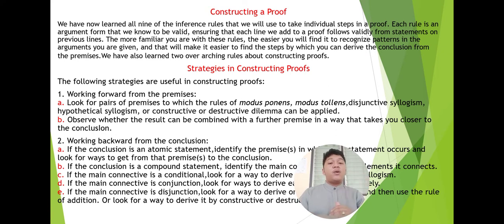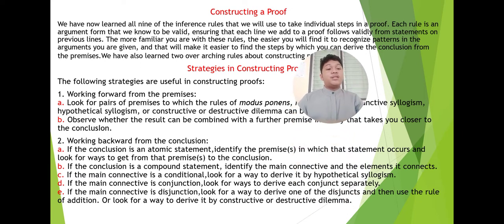In working backward, we need to follow these 5 steps. First, if the conclusion is an atomic statement, identify the premise in which the statement occurs and look for ways to get from that premise to the conclusion. If the conclusion is a compound sentence, identify the main connective and the elements it connects. If the main connective is a conditional, look for a hypothetical syllogism.